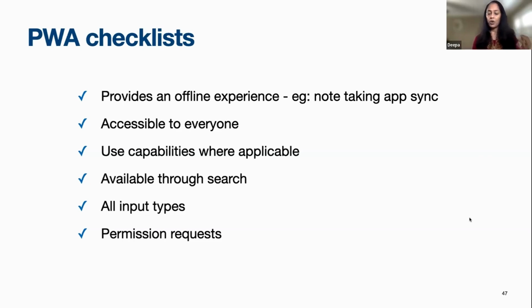And permission requests. Like I said before, if you want to access your photos or your location, it should immediately prompt saying, hey, we require permissions. All of these things should be supported, and you should keep this in mind when you are developing progressive web apps.